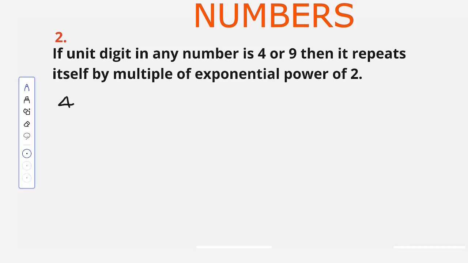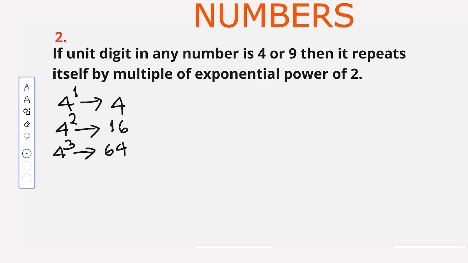Like 4 to the power 1 is 4, 4 to the power 2 is 16, and 4 to the power 3 is 64. So it has repeated itself after an increase of 2 in the power.